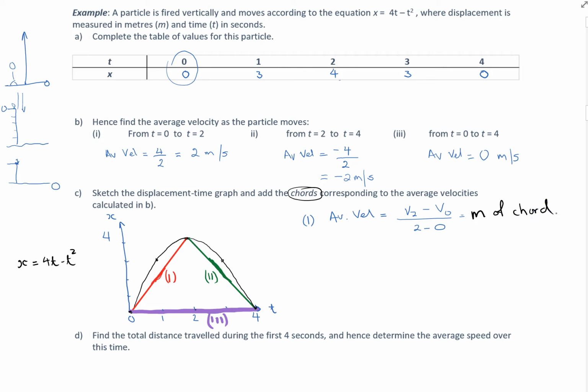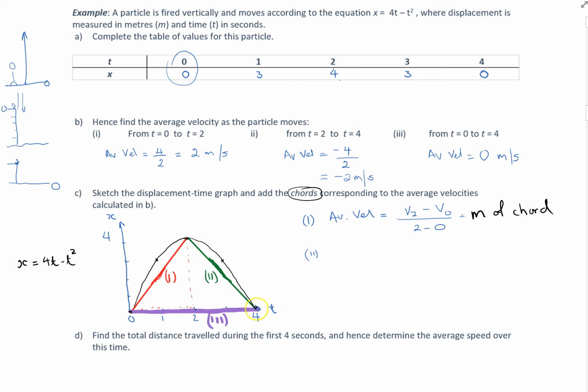It's the rise, which is the change in displacement over the change in time, rise over run. In part 2, the same situation. We had from time 4, which is here, minus time 2, which is here.